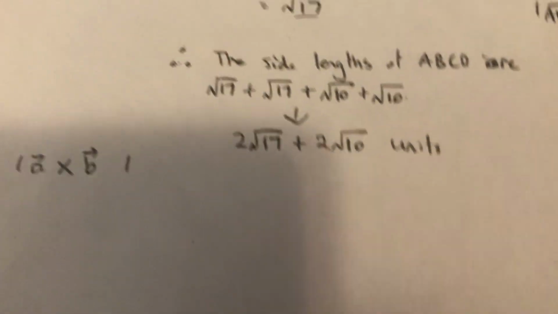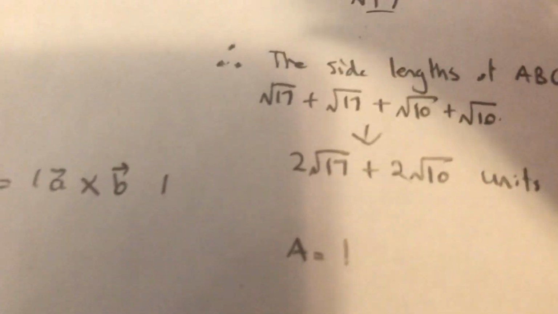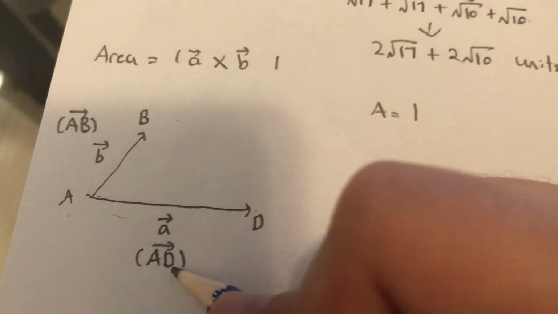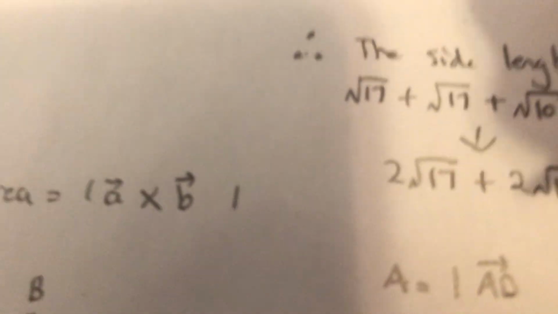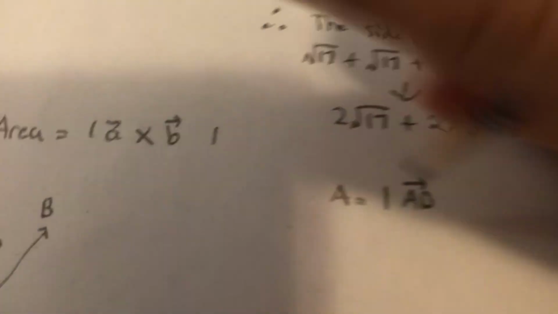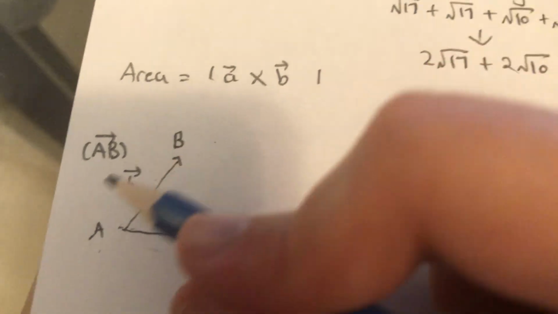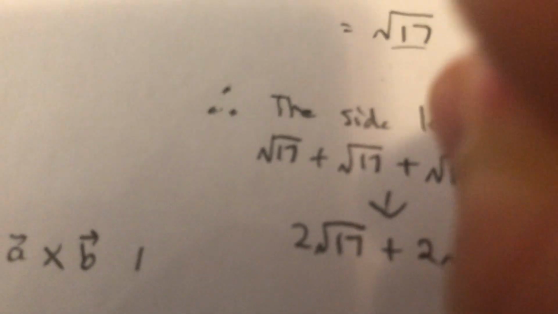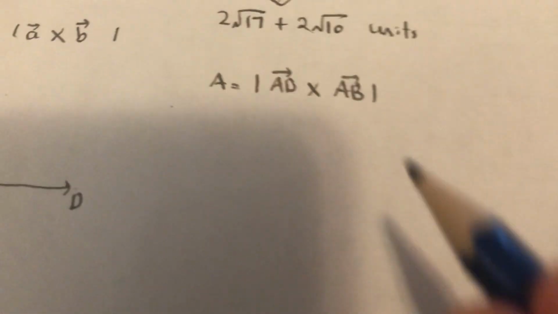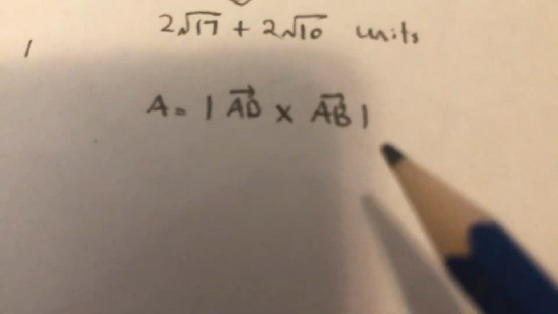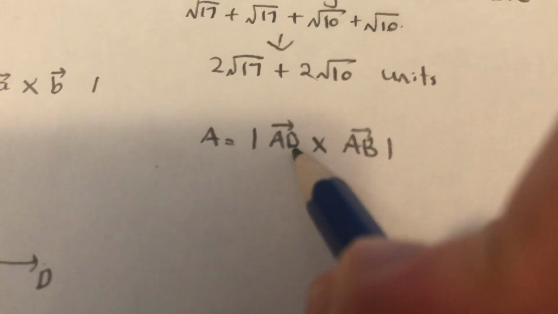We know that our area is equal to the magnitude of the vector AD crossed with vector AB. Now let's break this down. First, let's find the cross product of vector AD and vector AB.